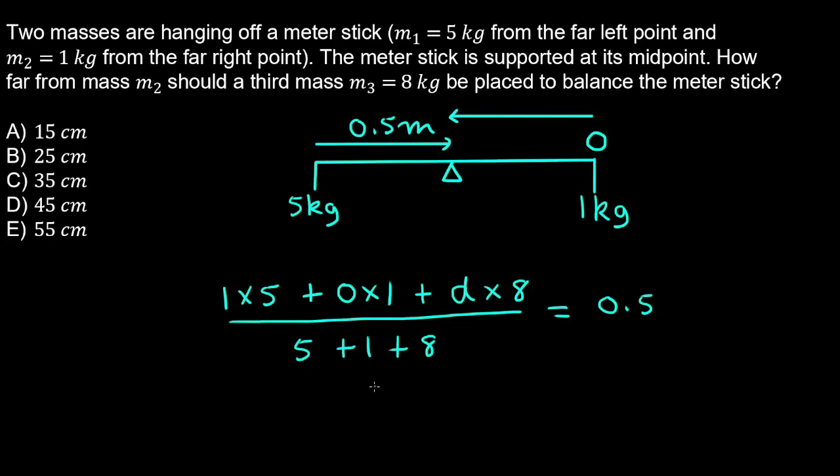So what we have is 5 plus 8d equals 0.5 by 14, which is 7, which implies d is 2 on 8 or 1 on 4 or 0.25 meters, which is 25 centimeters, so the correct answer is B.